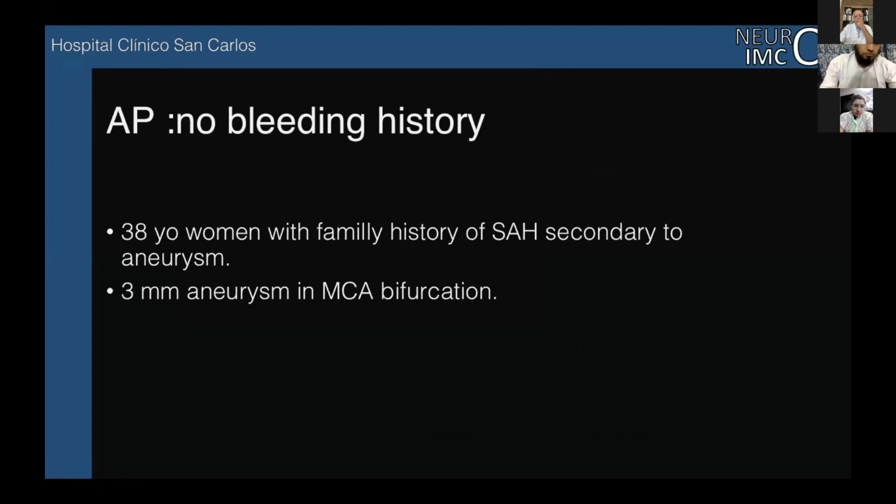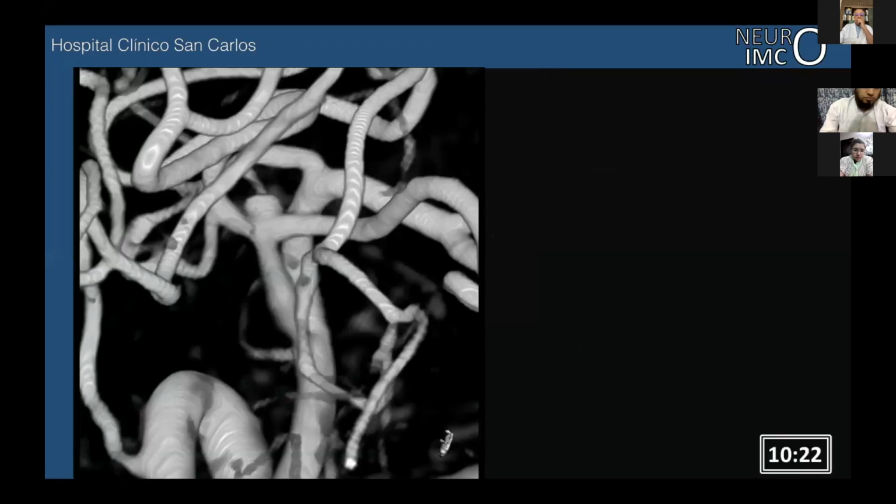Okay, this is a case I like to present now. It's a no bleeding story, a 38-year-old woman, family story of hemorrhagic bleeding, a small aneurysm, of course, treated with a standard technique, surgery or a standard coil.